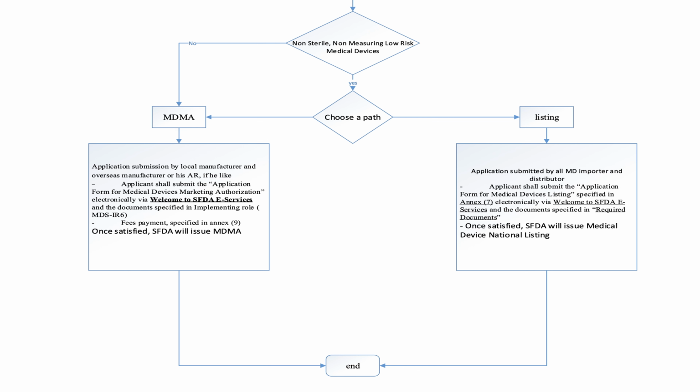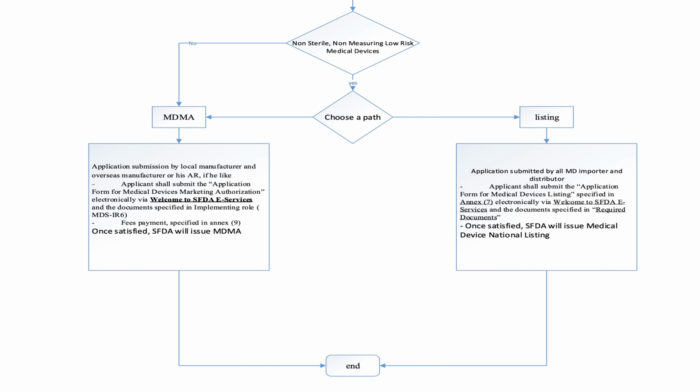This applicant shall submit the application form for the medical device marketing authorization electronically via the SFDA e-services, and subsequently a fee should be paid. Once the technical committee of the SFDA is satisfied, they will issue the MDMA, which gives you permission to place your product into the territory of Saudi Arabia without getting your product listed. So I hope this is clear, my friends.